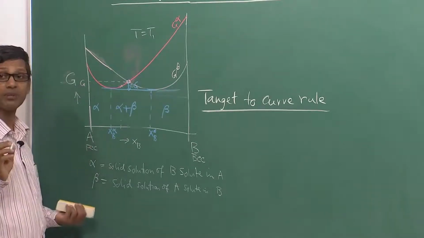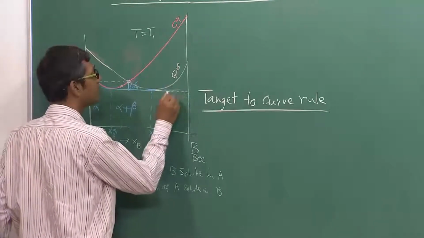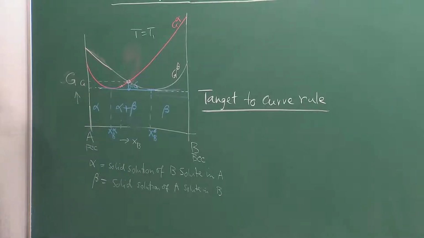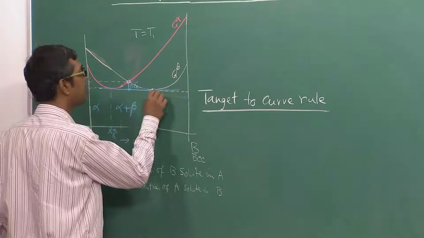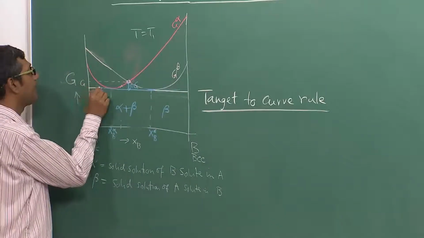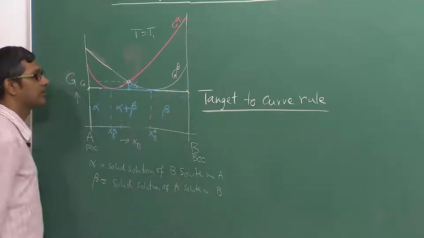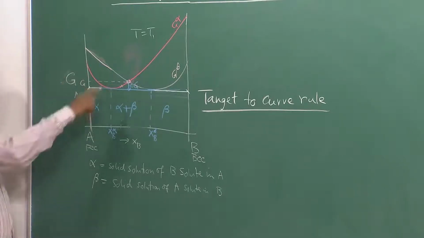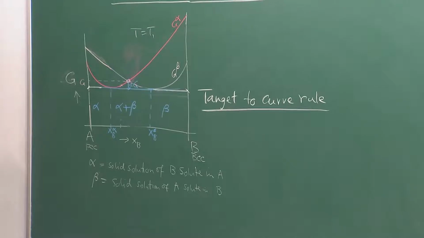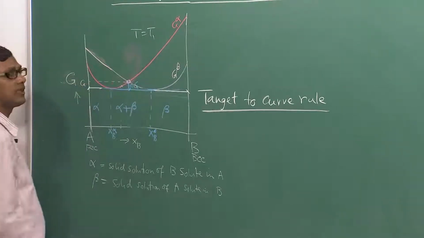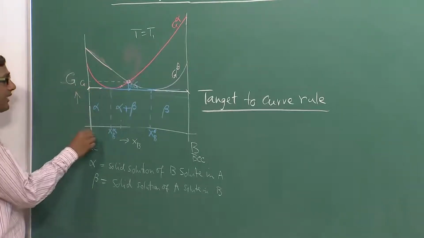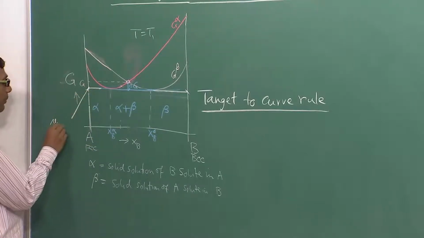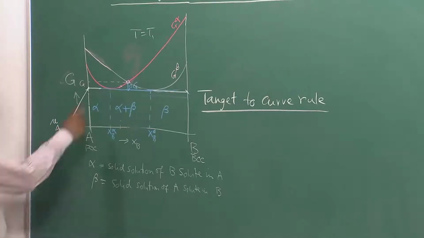And this also allows us to explain that in a heterogeneous system, if I extend these lines which I have been discussing with you for a long time, this will hit the B rich end here, the A rich end here. These are the 2 points. And if I draw a tangent to the free energy curve, which you should do yourself as a part of homework, and this hits the A rich end, this point tells me that these are the chemical potentials of A, because it is tangent to both the curves.